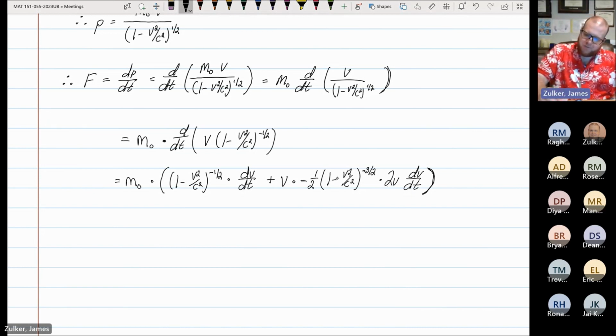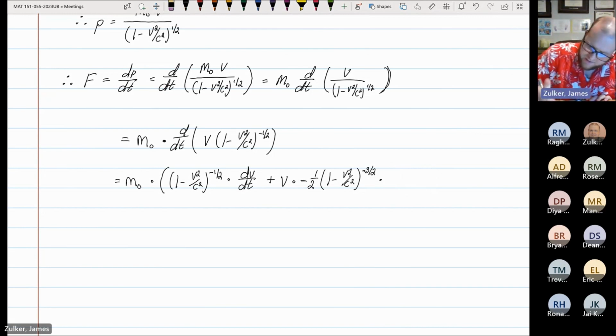So for the second function, it's a general power, -1/2, times the function raised to the -3/2, now times the derivative of the function. Derivative of 1 is 0. I forgot something. That should be times, oh my, I really messed that up.